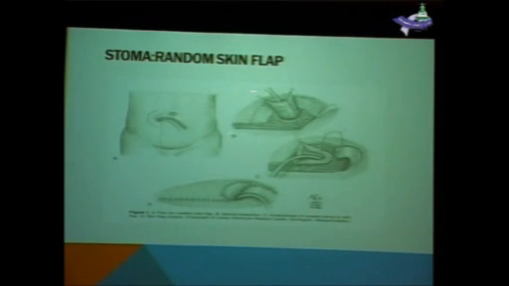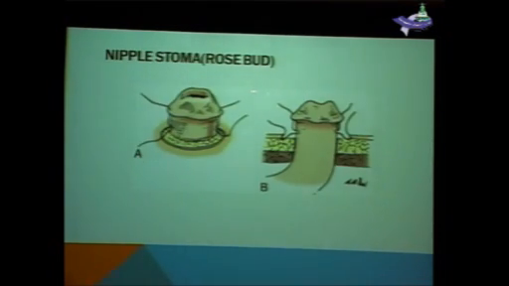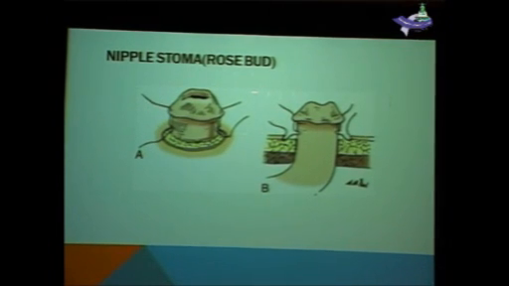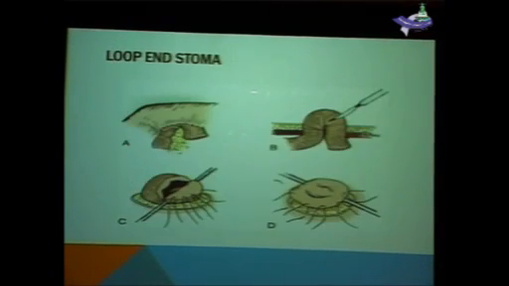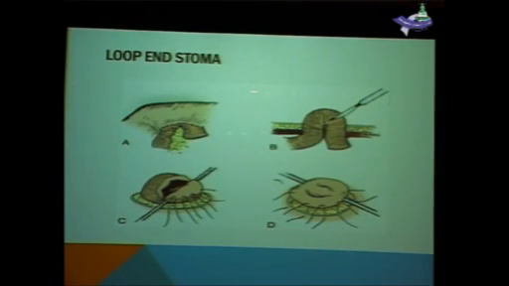How to create the stoma? There are different ways of creating the stoma. As you see here, there's a stoma flush with the skin. Or you can do a nipple, where you go from the skin to the fascia, then back to the ileum, and back to the mucosa, so you invert it. That is the nipple stoma or rosebud stoma.